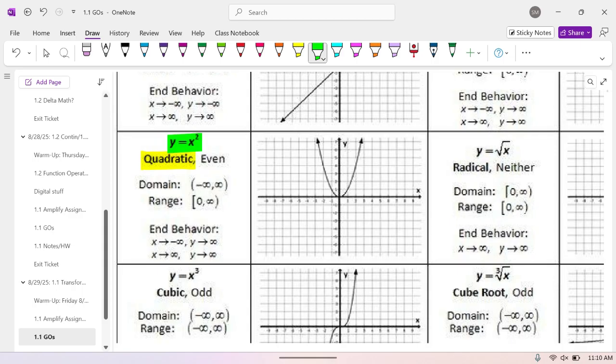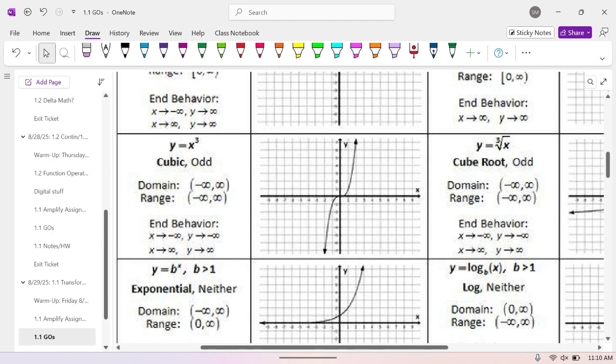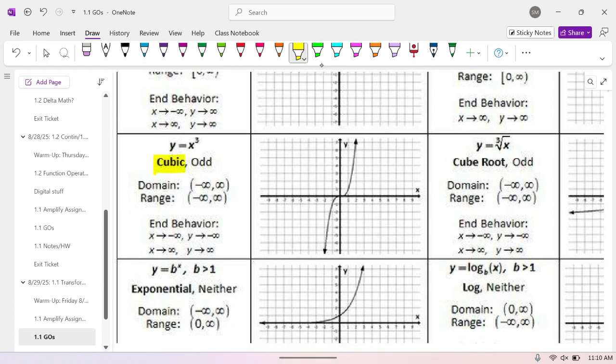So if you ever see anything squared and there's no bigger exponent than a square, it's most likely a quadratic function. Now you probably have seen a cubic function before, which is the next one, but this didn't have a proper name to it. So cubic, its parent form is just y equals x cubed.